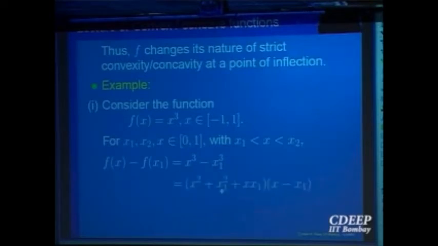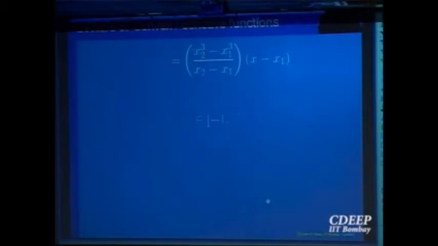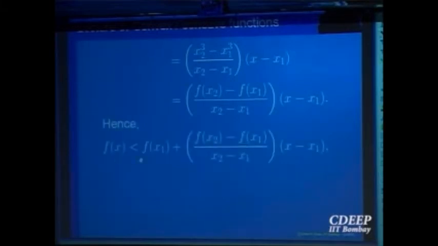You can use algebra, factorize it, and then replace this x by x2 because x is less than x2, so this will be less than that. And this value is nothing but x2 cube minus x1 cube. So basic algebra gives you that f of x is always strictly less than f of x1 plus the other portion. That is the value of the chord joining the two points x1 and x2 at a point x in between.